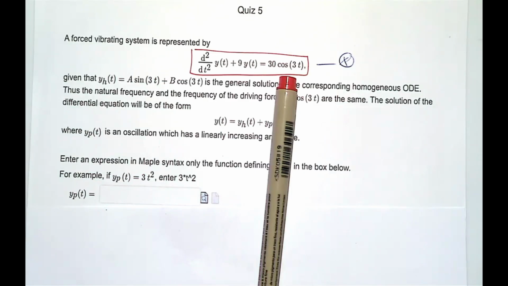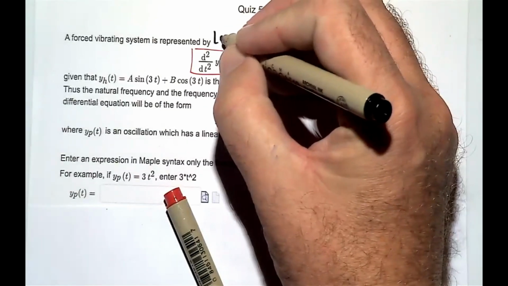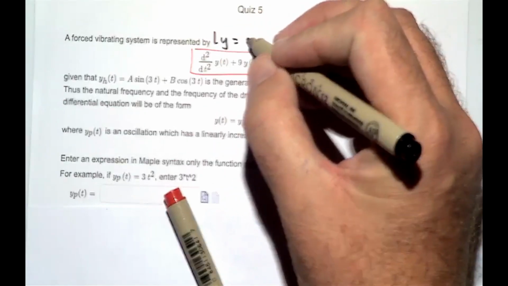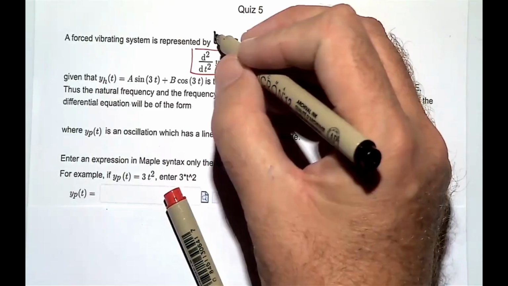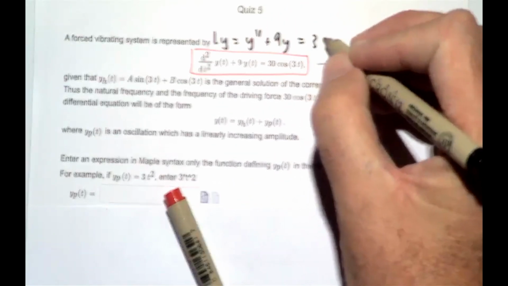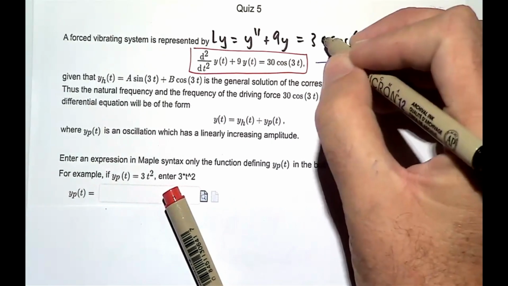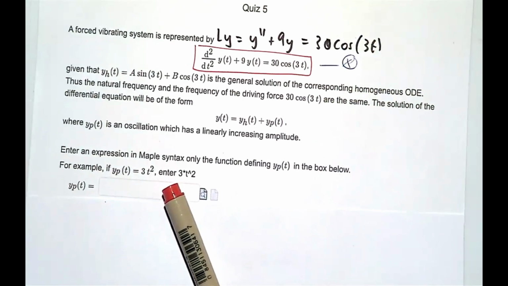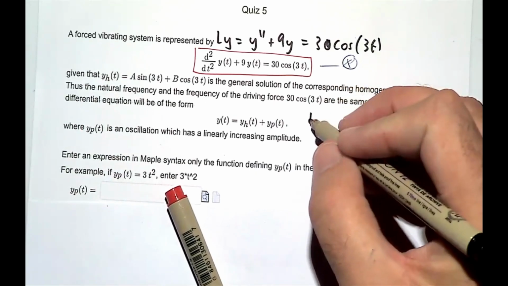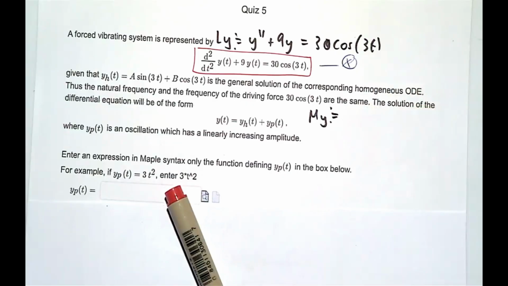So let me see what I've got written here. Oh, yeah. So let's say I've got L, Y. So think of L as a linear operator, right? Just a differentiation operator. Yep. And then I can say, okay, I'm going to define it to be, what am I going to define it to be?